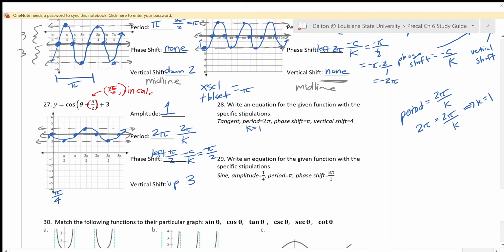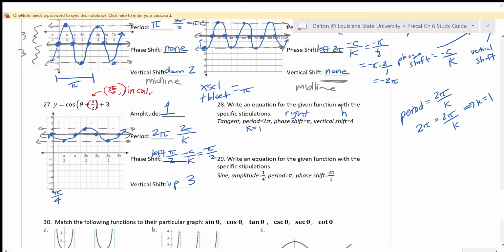If I have a phase shift of pi, you could find c if you want, but you could also just use what you know about it. If it's a phase shift of pi, if it's positive, then that means we're going to be going to the right, okay? And then vertical shift of positive 4 means that h is going to go up 4.